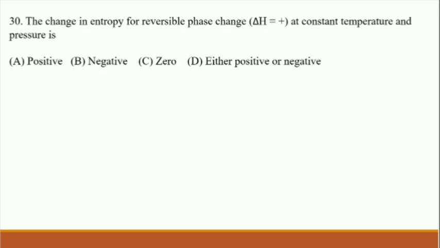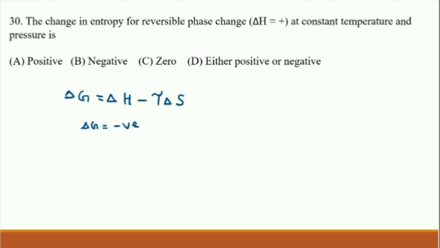Question: the change in entropy for a reversible phase change with delta H positive at constant temperature and pressure is positive, negative, 0, or either positive or negative. Delta G equal to delta H minus T delta S. So delta G should be negative.